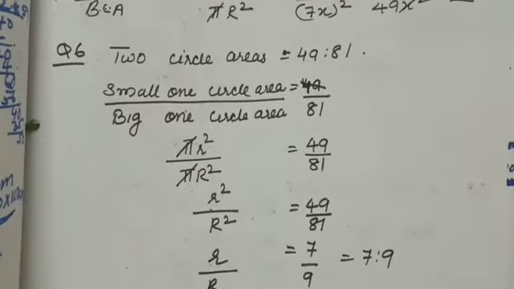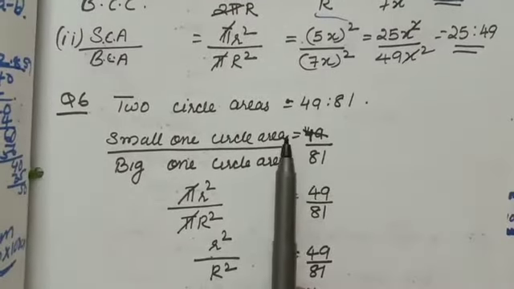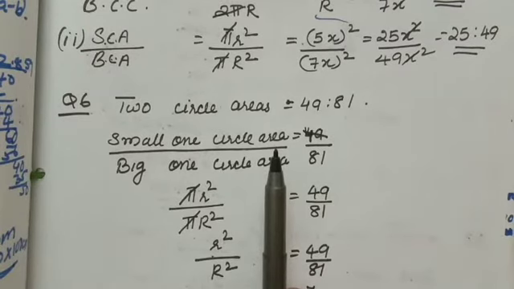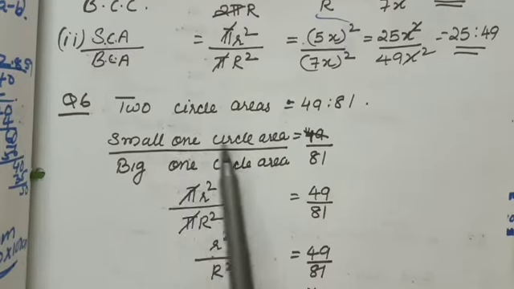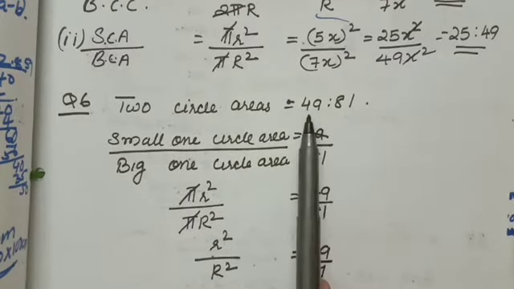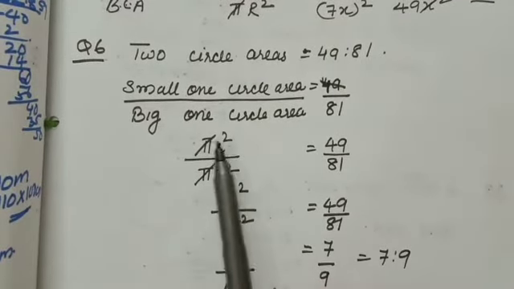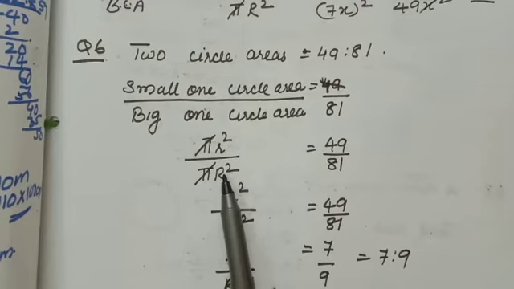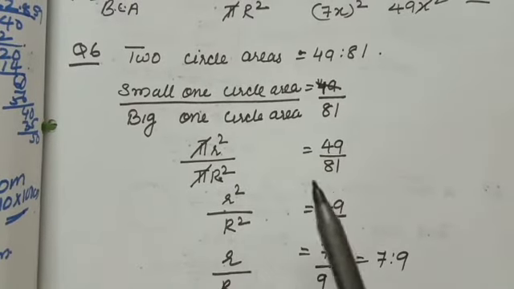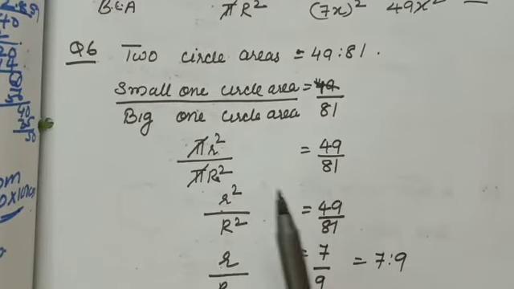Now question number 6. Two circles' areas are in the ratio 49:81. Find the ratio of their circumference. Small circle area divided by big circle area is given as 49 divided by 81. See, small one small r, capital one capital R. Pi r square divided by pi R square, pi will be cancelled out. 49 divided by 81.